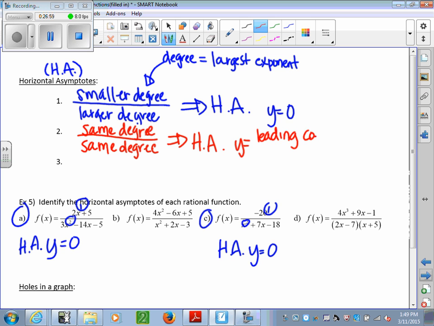Now remember when we've talked about leading coefficients before, it's not necessarily your first coefficient, it's the coefficient on your term with the largest exponent. Okay? Leading coefficient over leading coefficient.